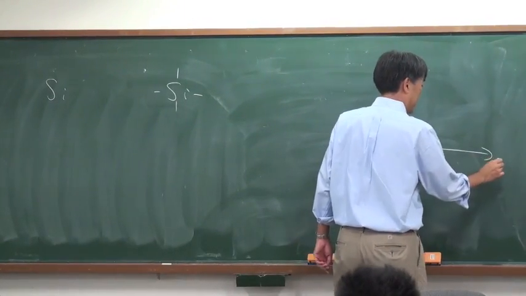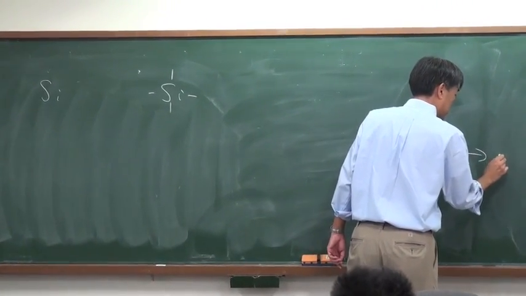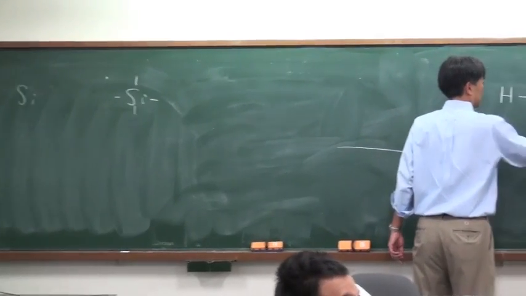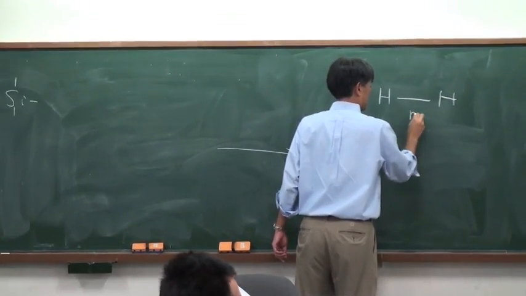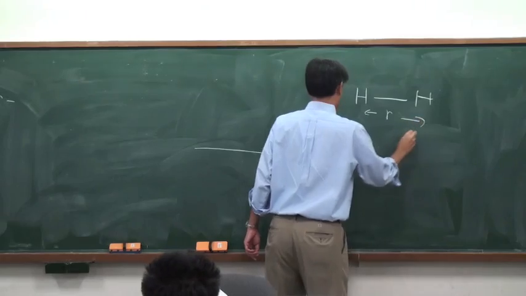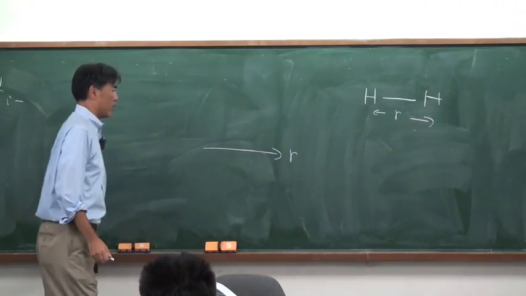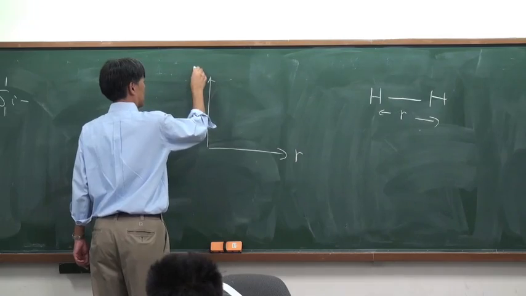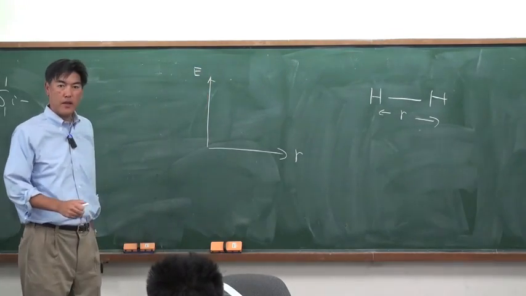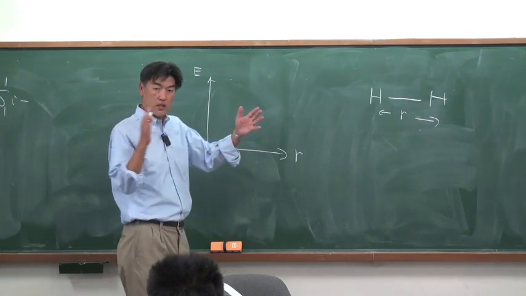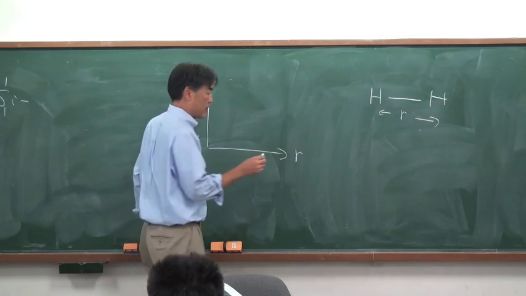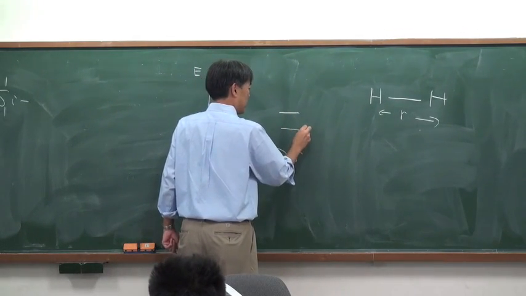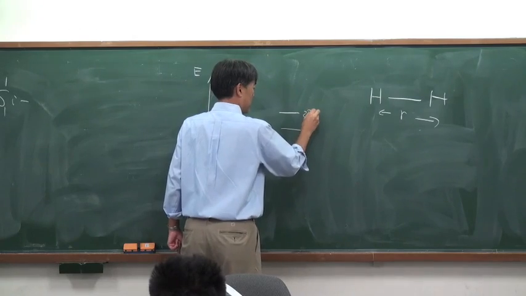If I take a distance r between 2 hydrogen atoms and plot the energy, then if the distance is far away, you get completely separated, quantized states: 1s, 2p, and so on.